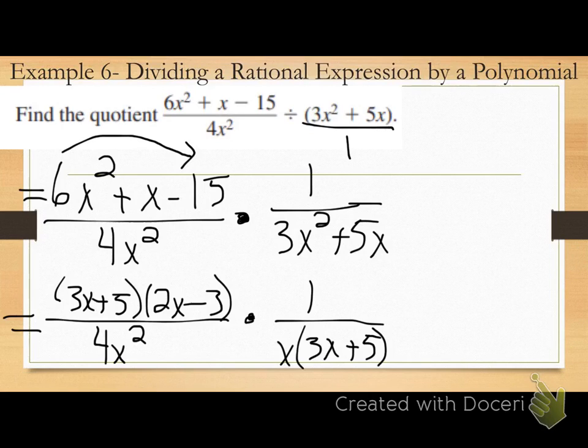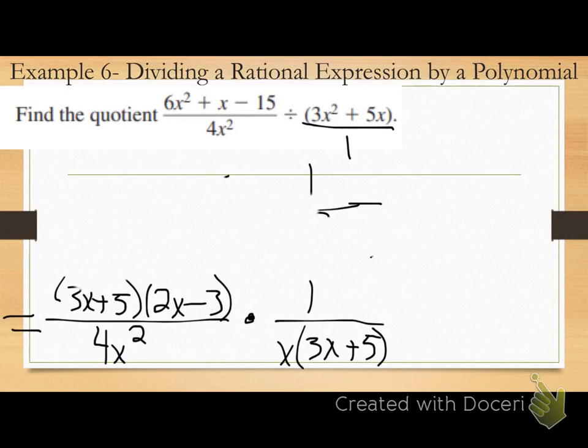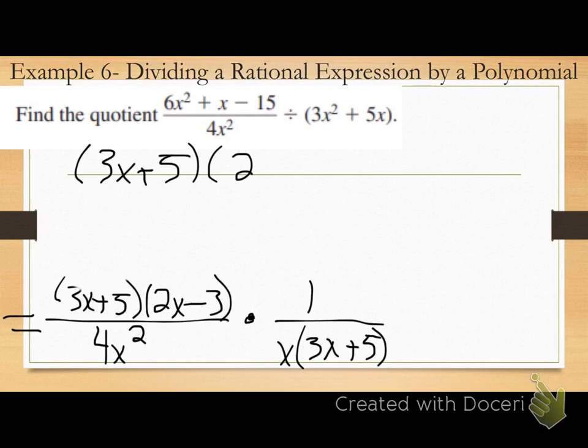Now I'm going to multiply straight across. So anything times 1 is itself. 3x plus 5 times 2x minus 3, all over 4x squared times x, so it's going to give me 4x cubed.